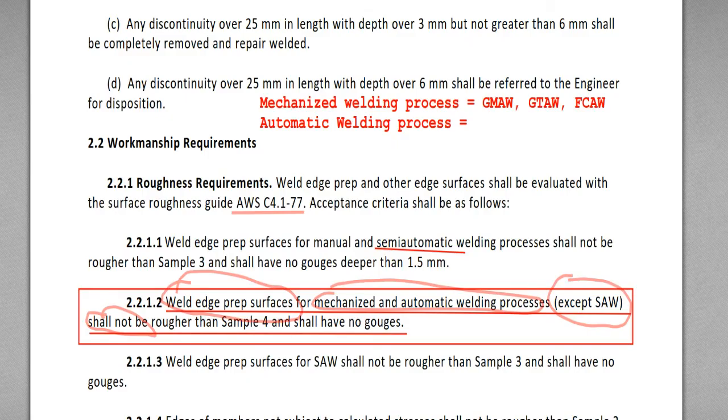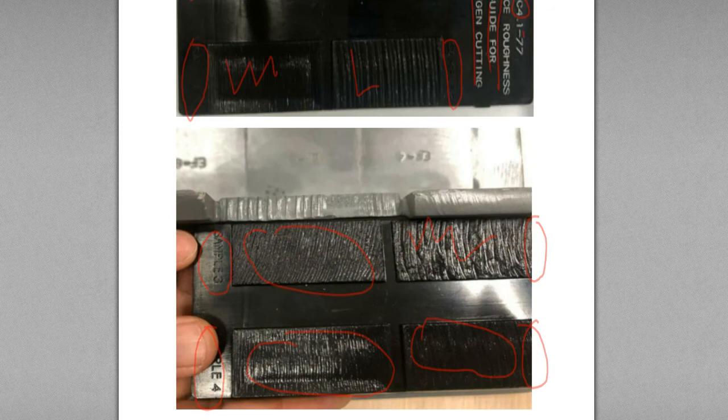The book of specifications says that for mechanized and automatic welding processes except SAW, the surface should not be rougher than sample number 4. Sample number 4 is here, so this cut surface should not be rougher than this.